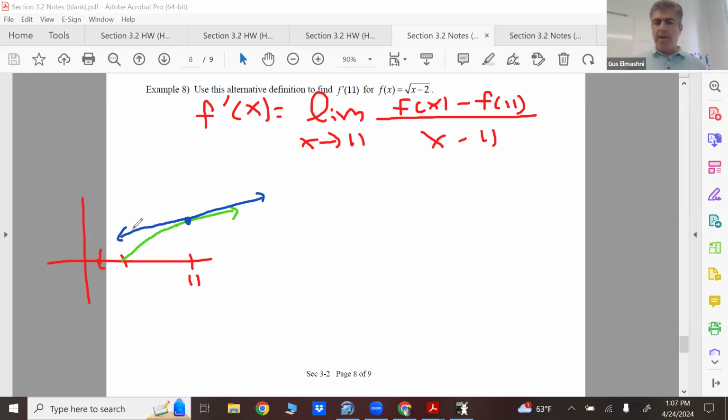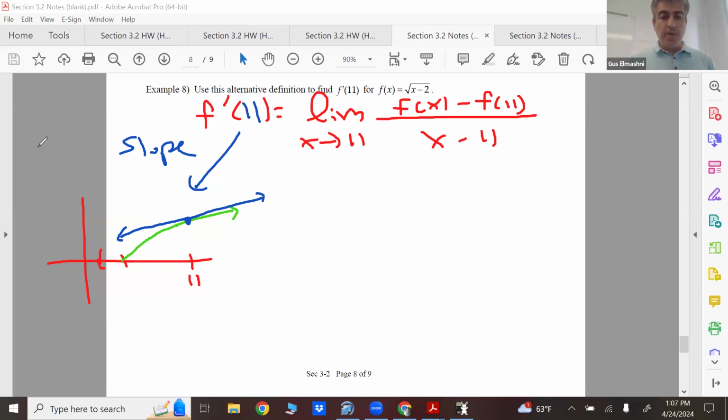We're trying to find that slope, right? That's all this represents. It's just trying to find the slope. And actually, let me change that x to an 11. My bad. We're trying to find f prime 11.